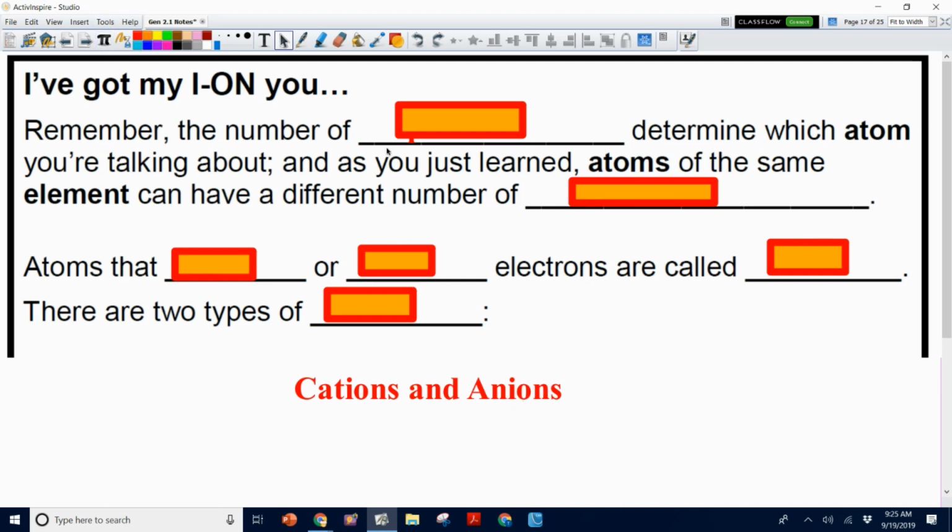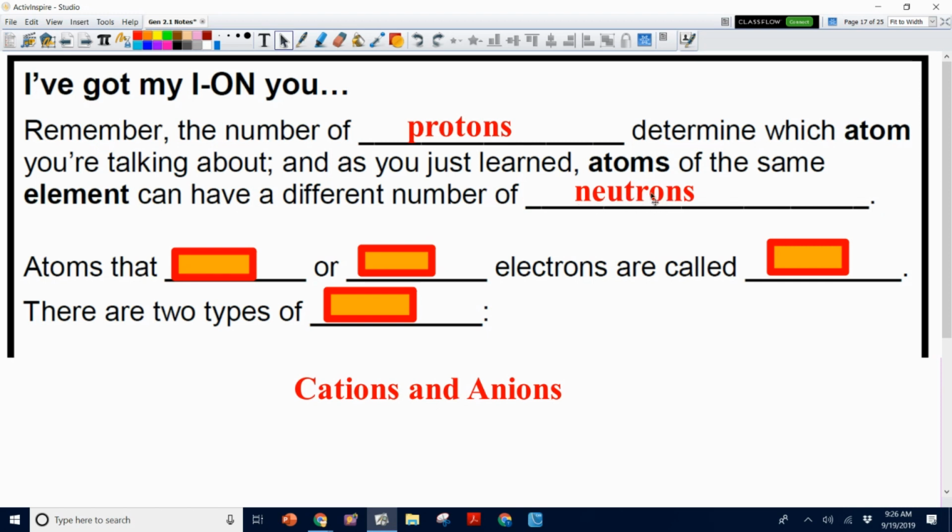All right, so remember, the number of protons determine which atom that you're talking about. And as you just learned, atoms of the same element can have different numbers of neutrons. We can add or subtract neutrons just like we can add or subtract electrons. Okay. We haven't talked about what it's called if you add or subtract neutrons.